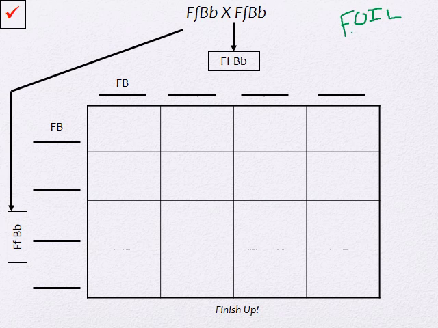For our first here, we have big F and big B. So you're looking at the first of both allele combinations. So we get big F, big B. Next, we go with the outer. So for the outer, we've got big F, little b.